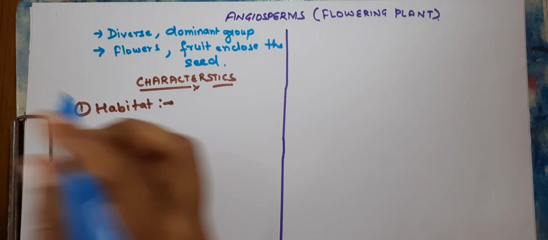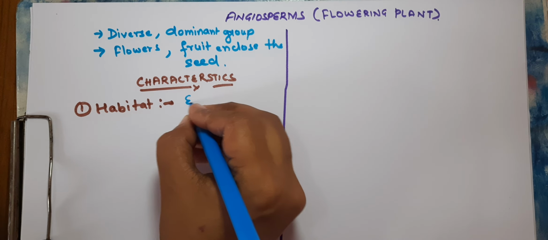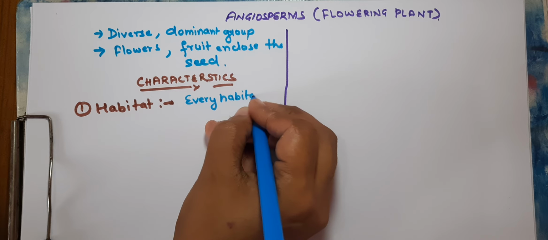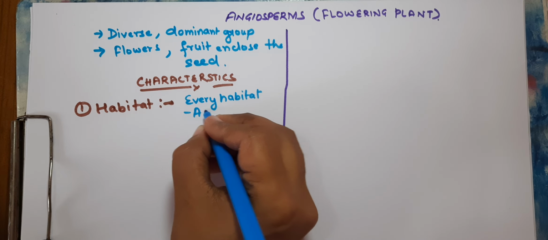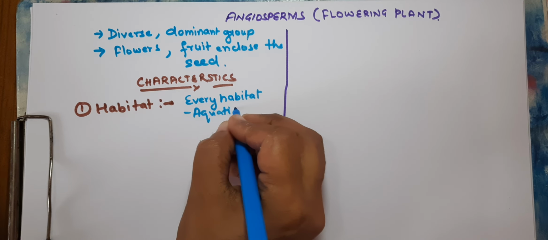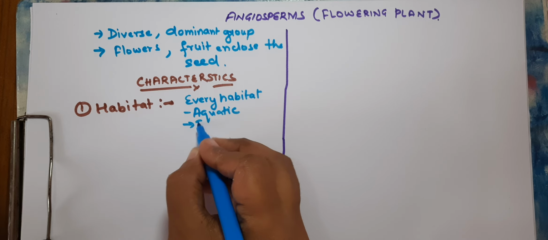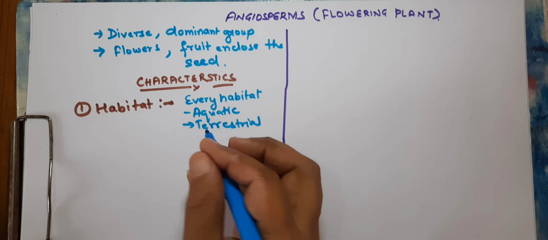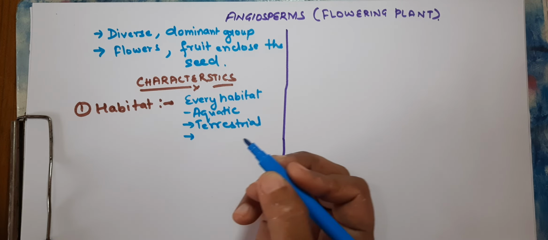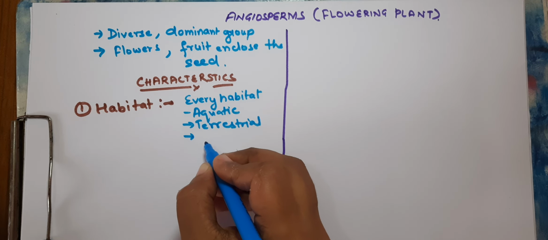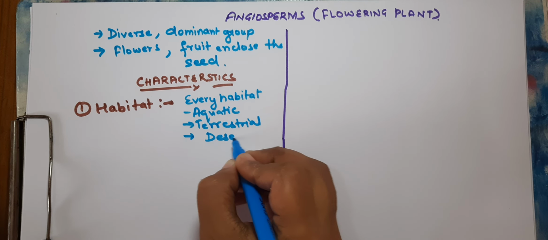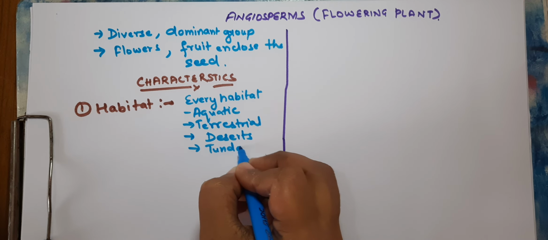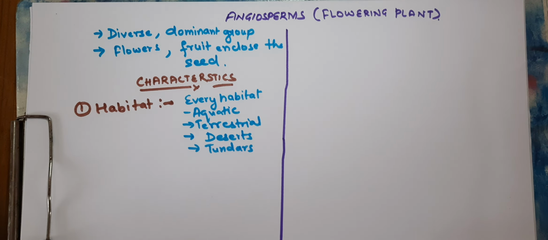It can be found in aquatic habitats and terrestrial habitats. Terrestrial means on the land. We can also find the angiosperm even in extreme conditions, like in the deserts and in the tundras. So the angiosperms can survive in extreme environments also.